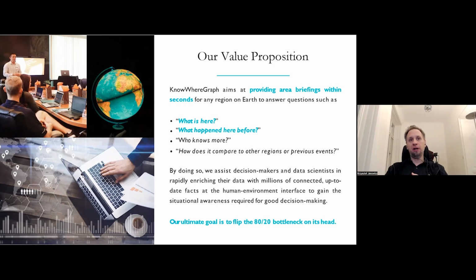The reason we are trying to do this is because we try to assist both decision makers and data scientists in very rapidly gaining situational awareness by connecting their own data with millions and millions of other information around either the events they're interested in or the area of study that they're interested in. So putting it very provocatively, what we aim to do is flip this 80-20 bottleneck on its head so that in the future you spend 20% of your time on data wrangling, data acquisition, and so on, and 80% on the analytics. Next slide, please.